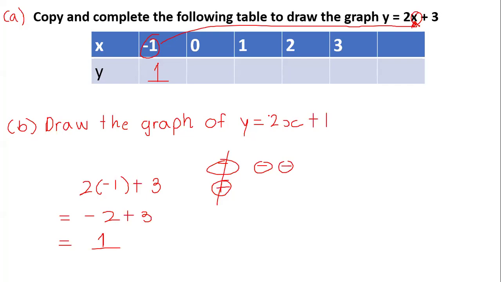Excuse me, Mr. Pei. Can I ask you a question? Go ahead. When question B said draw the graph of y equal 2x plus 1, I didn't draw it like that. Why is it 2x plus 1? Why is it 2x plus 3? Sorry, it's supposed to be the same thing. My apologies.